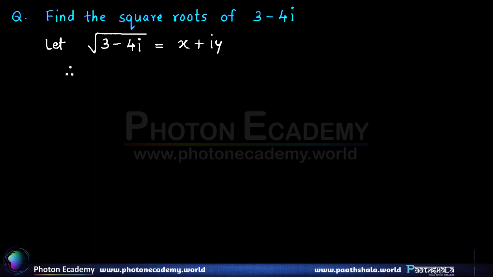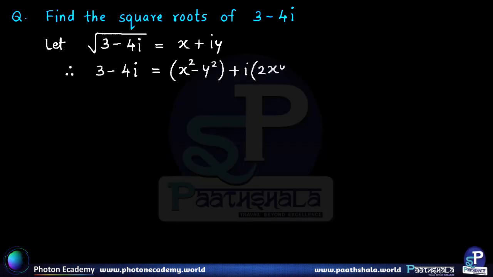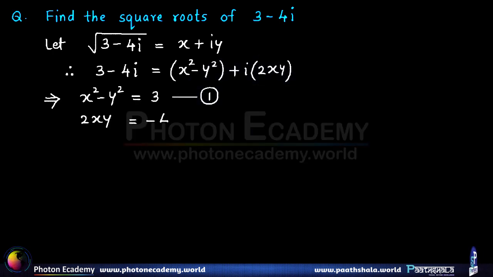So on squaring we will get 3 minus 4i is equal to x square minus y square plus i into 2xy. So on comparing real and imaginary parts, as we have seen earlier, we have x square minus y square equal to 3. Let's call this equation 1. And 2xy is equal to minus 4, which is nothing but xy is equal to minus 2. Let's call this equation 2. So now we have to solve these two equations simultaneously.